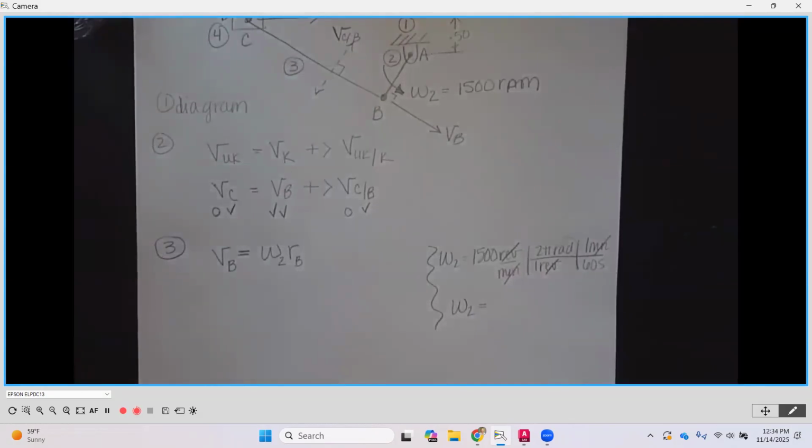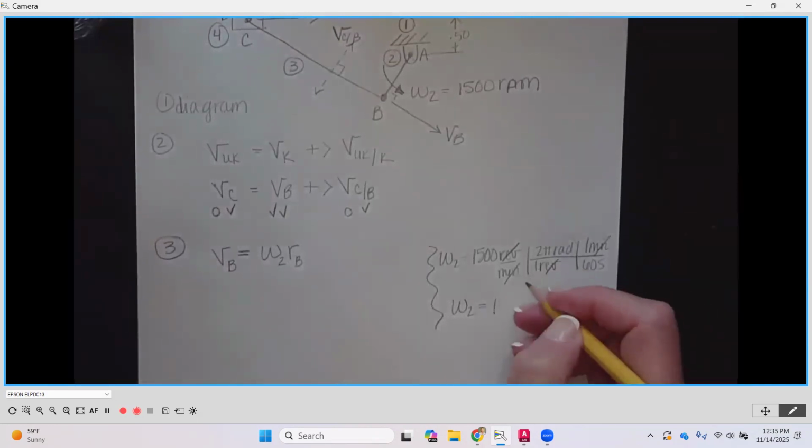I'll do it on the side here too, but it's always good to have... shoots. Gotta grab out my calculator. Where are you? 157.08. Anybody else get that same number? I didn't get mine plugged in yet. So yep, okay, 157.07.